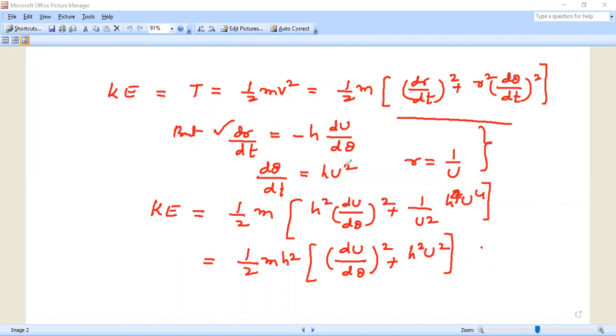dr by dt equal to minus h du by d theta, right. dr by dt whole square is h square du by d theta whole square plus, then half m h square that plus mu square by h power 4.